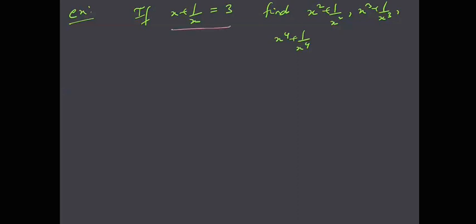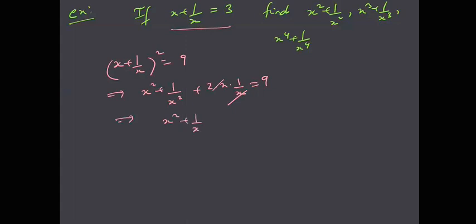So x plus 1 by x is equal to 3, right? So let us just square it. So I will get (x plus 1 by x) whole square is equal to 9. So (a plus b) whole square is a square plus b square plus 2ab, which is 9. So this gets cancelled. So I can say that x square plus 1 by x square is 9 minus 2, which is 7.